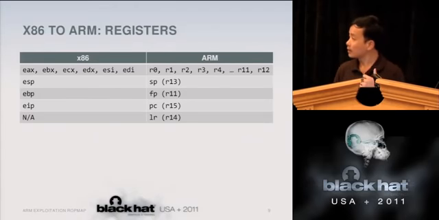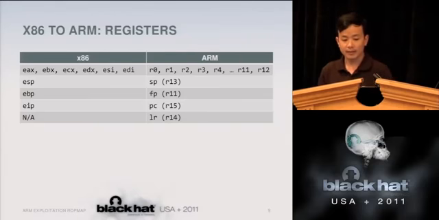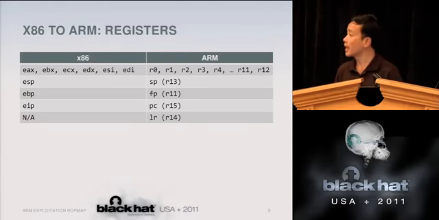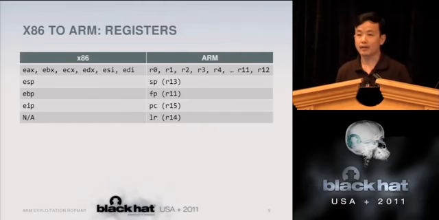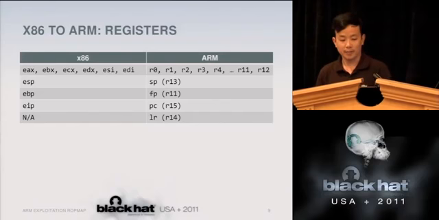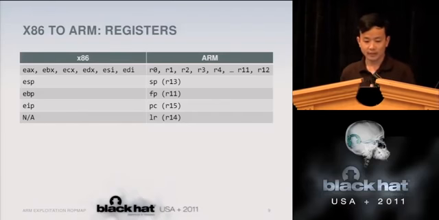For the frame pointer EBP, the equivalent in ARM is FP. And there is another register that is not available in x86, the link register, which will contain the return address after calling a function.